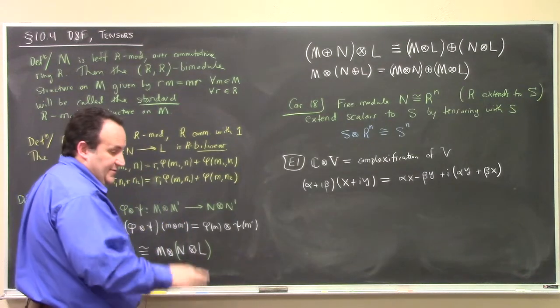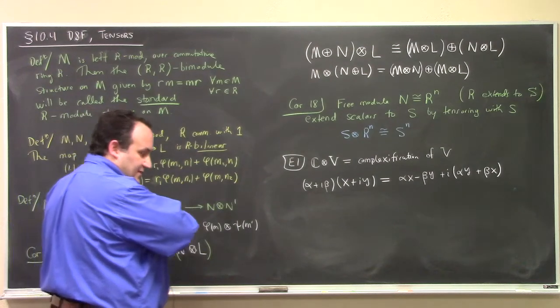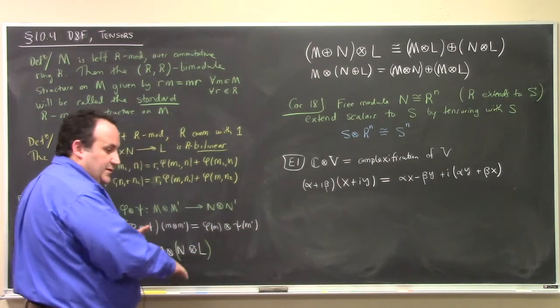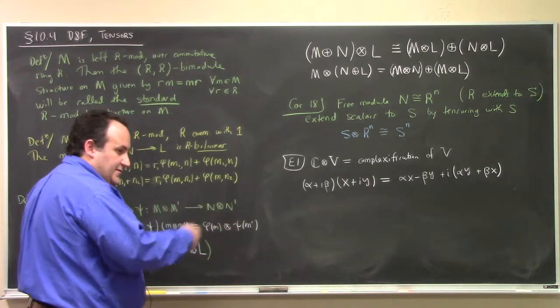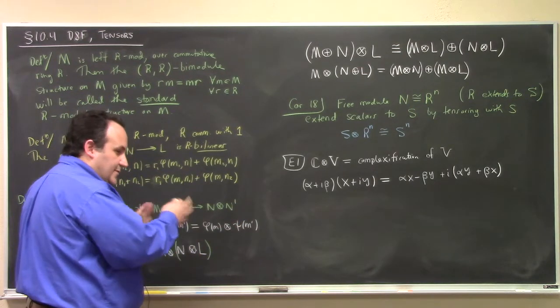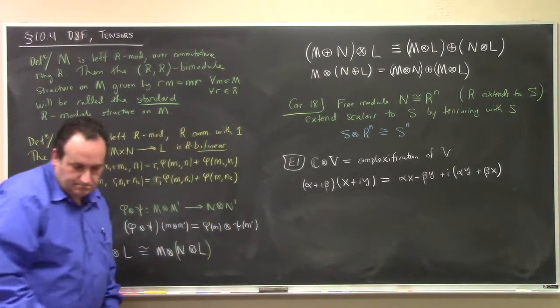But there are others, right? Pick your favorite vector space over the reals, and if you take the tensor product with the complex numbers, what you do is just naively replace all of the real scalars with complex scalars. That actually could be understood as a tensor product with the complex numbers.